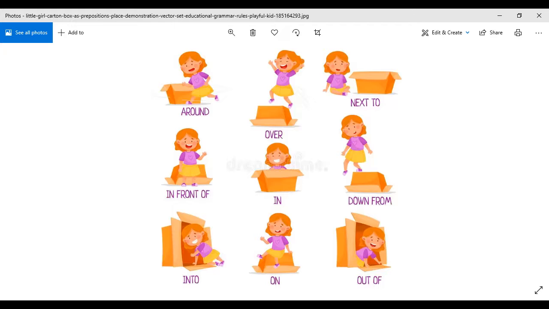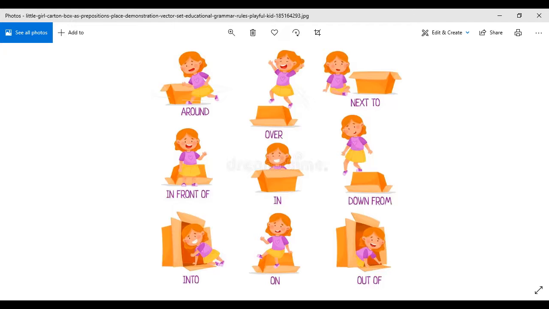Closer to something, we use the word next to for that. So the girl is sitting next to the box. What next? The next we have is in front of. Now the box is being placed in the back. So that is why we have used the word in front of.